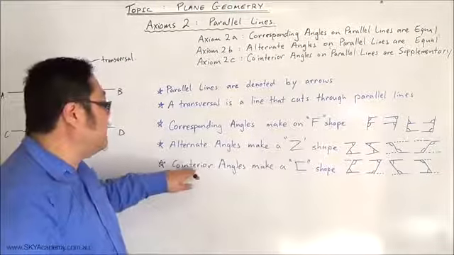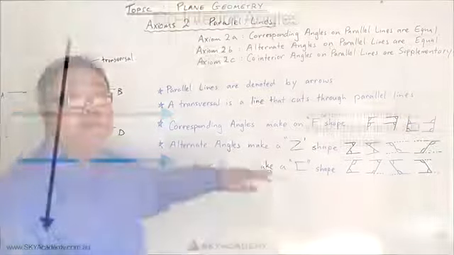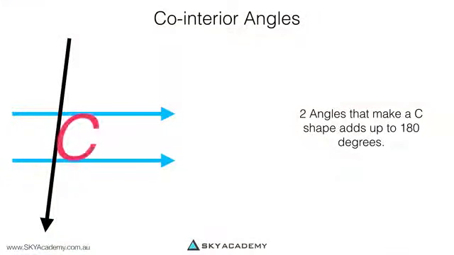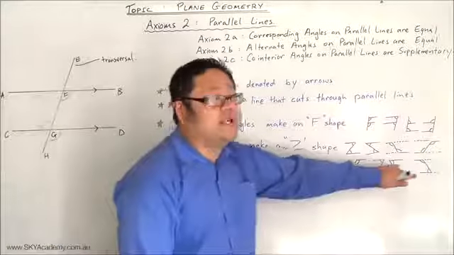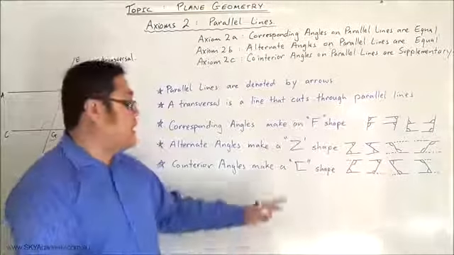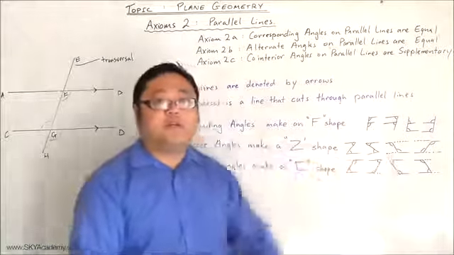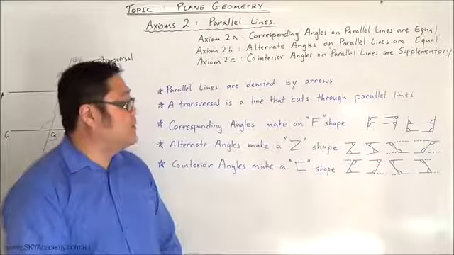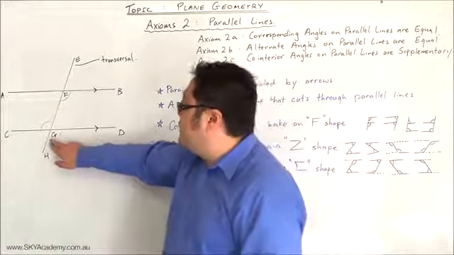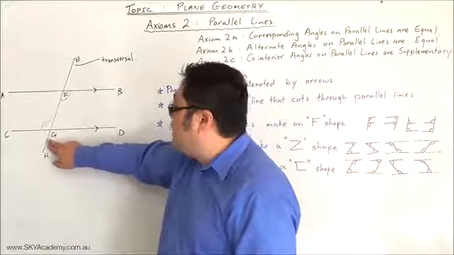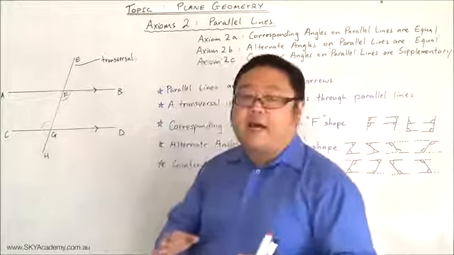and the last one, co-interior angles, make a C shape. And not just the C shape, but a back to front C shape, like this, or a back to front C shape like this. So they're the orientations, or the ways that you can make a C shape. Now, the thing with co-interior angles is that they make 180 degrees.